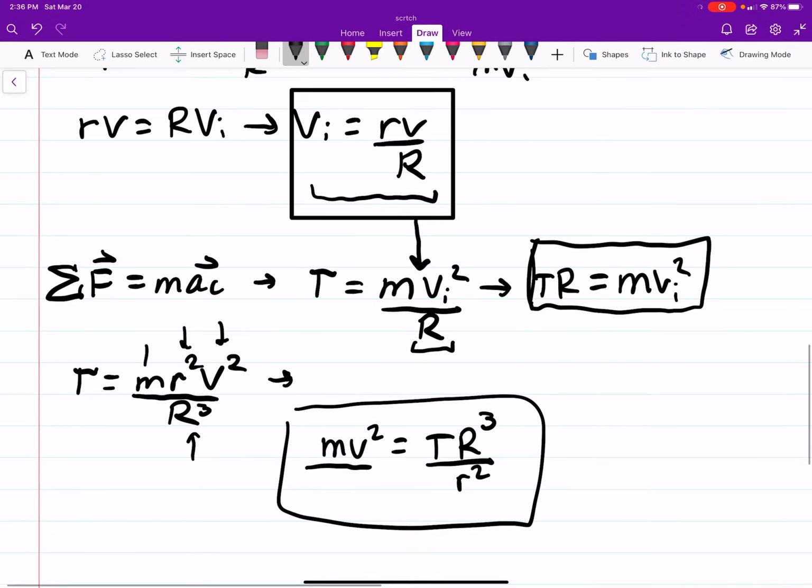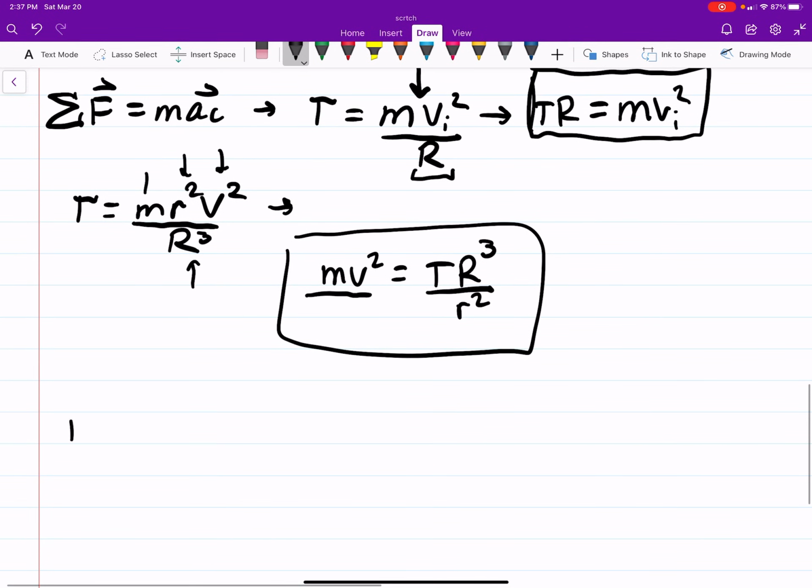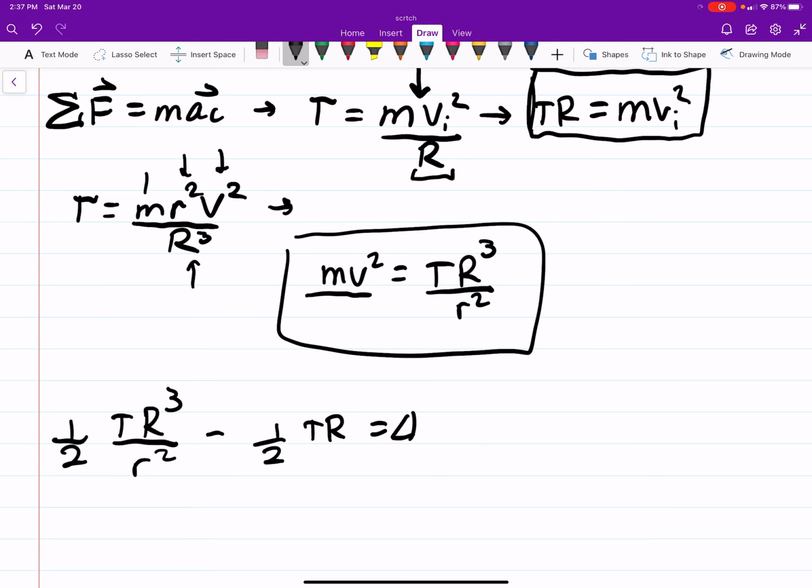So now we can substitute those into your kinetic energy. So you have 1/2 m v final squared, which is T big R cubed over little r squared, minus 1/2 just T times R. And this is your change in kinetic energy.